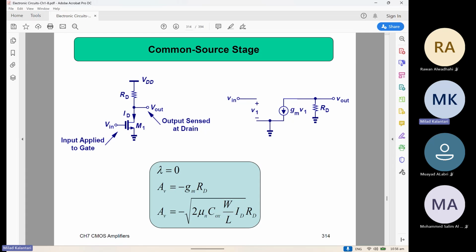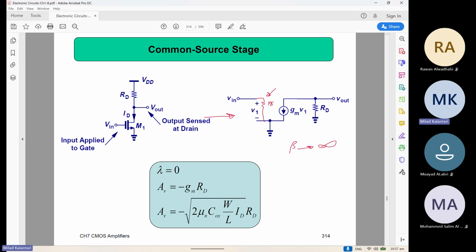If you plot the small signal model, it is even simpler than the BJT, because for the BJT you had some rπ over here, but now rπ is open because there is no connection to the gate. So rπ is infinity, or in other words, the beta for this device is infinity, if you want to compare with what you know from the BJT.